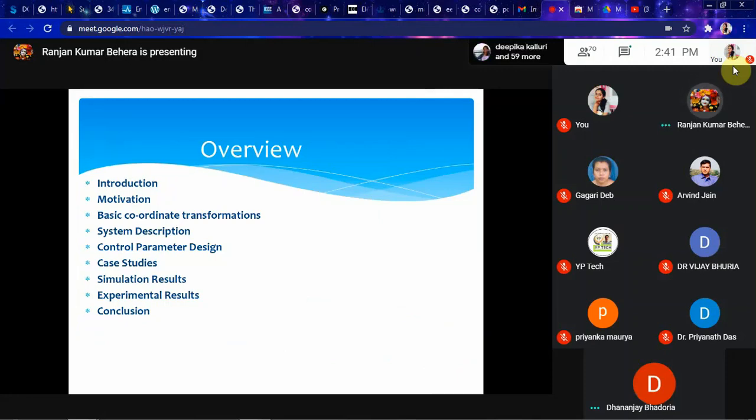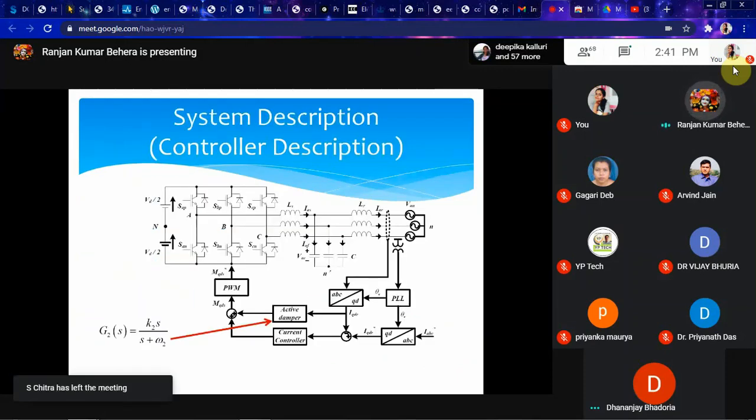This is the description of the system. This is a controller. You have a voltage source inverter connected to an LCL filter, L and C and L, connected to the grid.